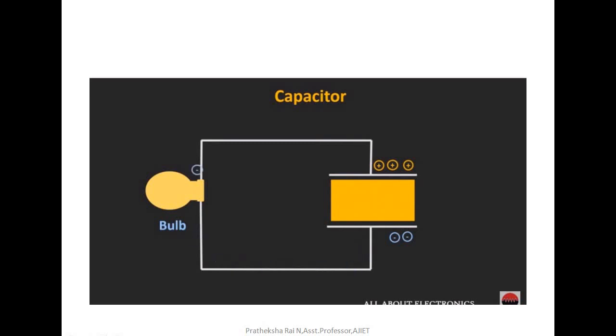This will continue till both the plates become electrically neutral. So over a period of time, you will observe that both plates will become electrically neutral and there will not be any flow of electrons through this conductive path, and because of that the bulb will again turn off.